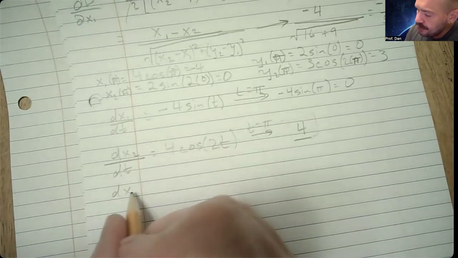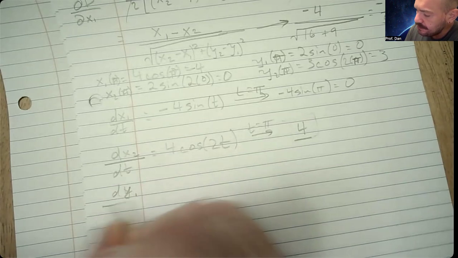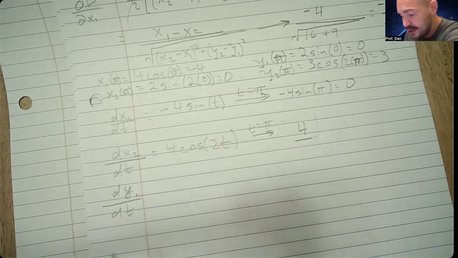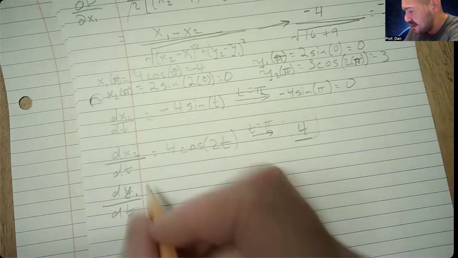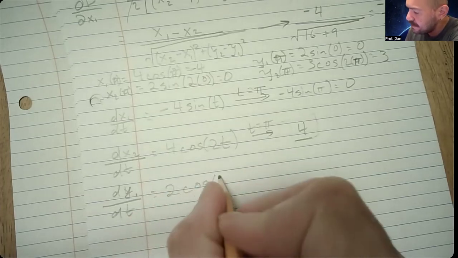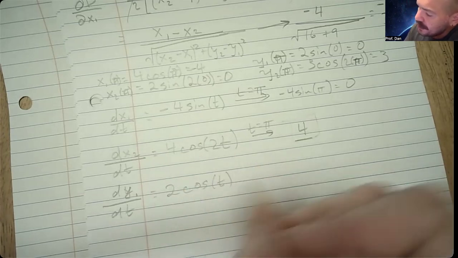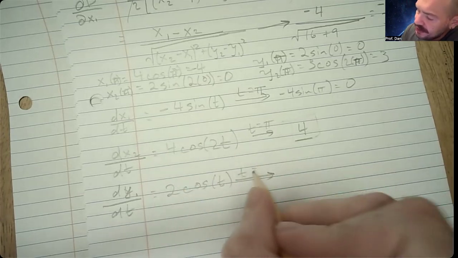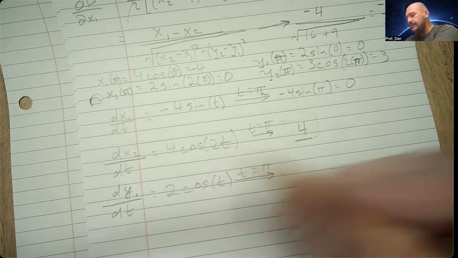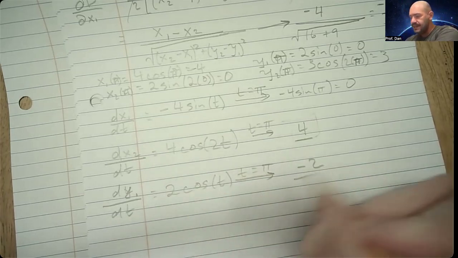Now, if I go through with y1, we know that y1 is 2 sine t, so its derivative will be 2 cosine t. If I evaluate that when t is equal to pi, we know cosine of pi is -1. Multiplied by 2, we get -2.